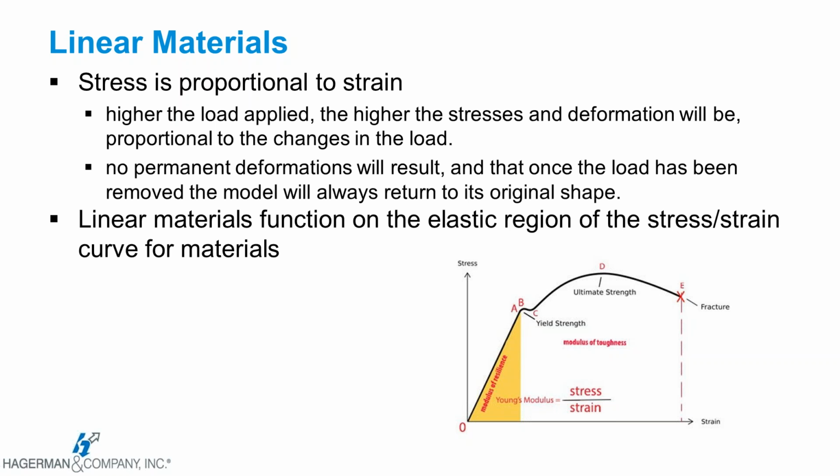Our components have a failure point, a yield strength where they're going to start to become plastic. And again, in this scenario here, in a linear material state or in a linear analysis, they're only functioning inside of our elastic range of our stress strain curves for our materials, which is not realistic to the real world, right? Parts don't live in this space all the time, right?